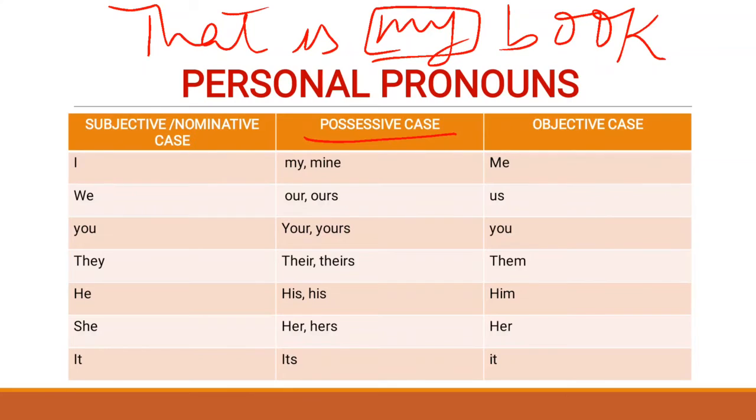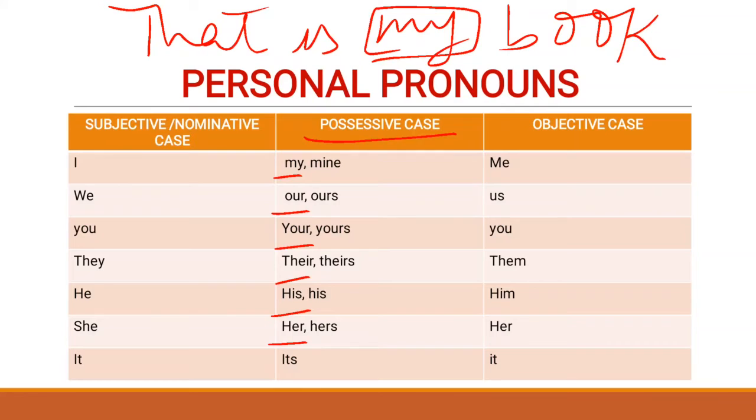If I say that's your book, here the pronoun your is emphasizing on the fact that this book belongs to you. So we can understand possessive case in a very simple manner. When these personal pronouns claim to own something, they play the role of possessive case, like my book, our house, your school, their building, his father, her mother, and so on.